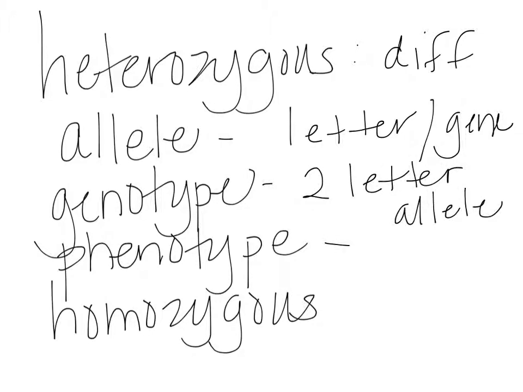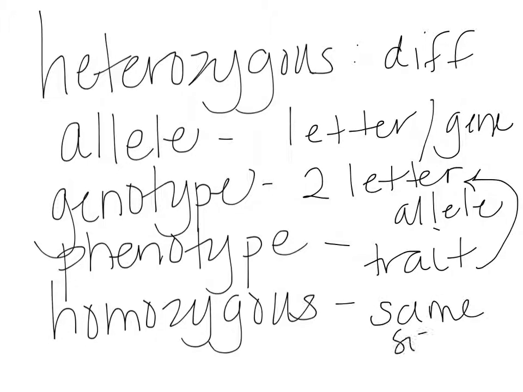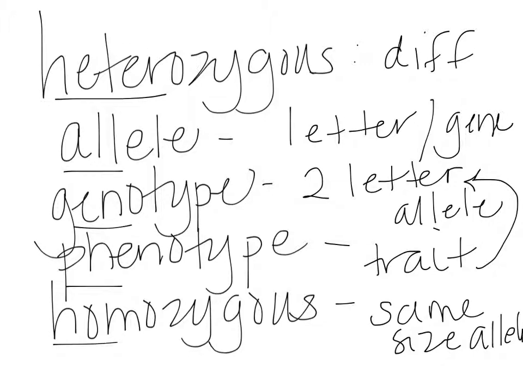The phenotype is the trait that results from the genotype, and homozygous is the same size allele or letter. So when you remember the definition of these vocabulary words, you're not going to have any problem solving the word problems for the Punnett squares.